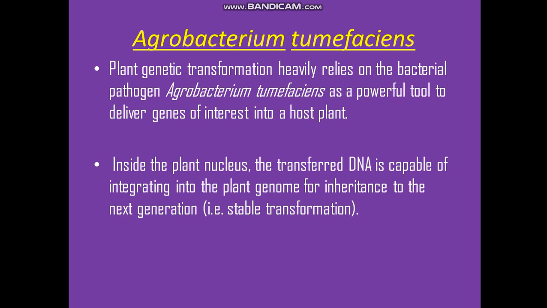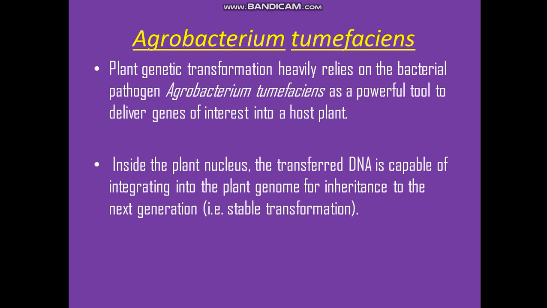And what will happen due to this? Whenever the plant genome replicates, our gene of interest will also be replicating. So whatever we were doing using techniques, Agrobacterium tumefaciens is doing all by itself. And that too, the inheritance is very stable.